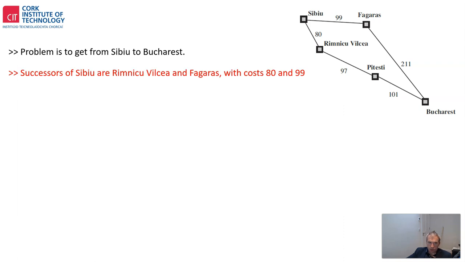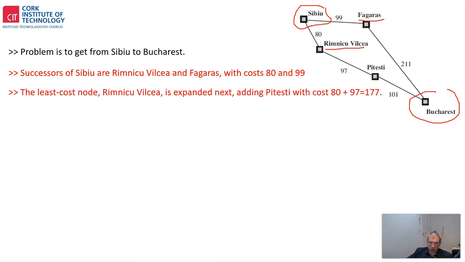So if we want to get from Cebu to Bucharest, the successors of Cebu are Ramuku Vuke and Fagaris. Okay, so if we're going for the cheapest, then this guy is our cheapest.